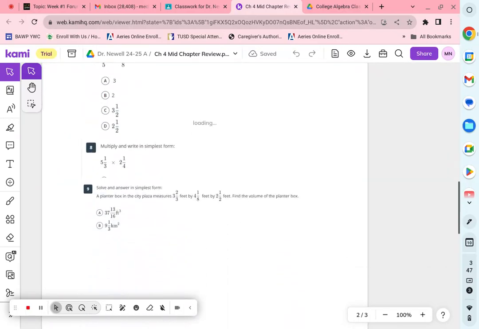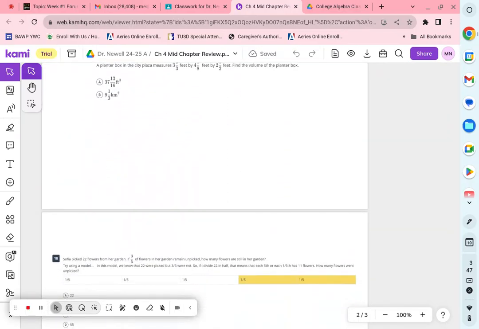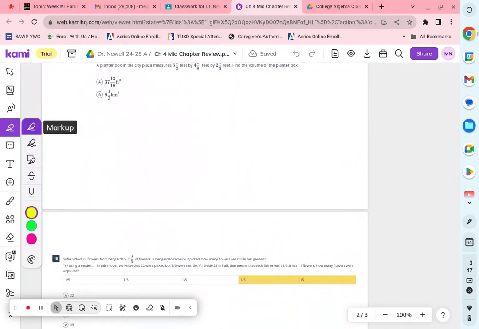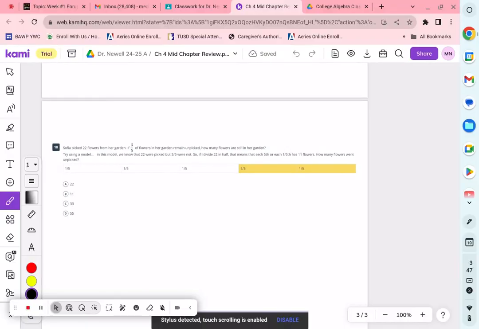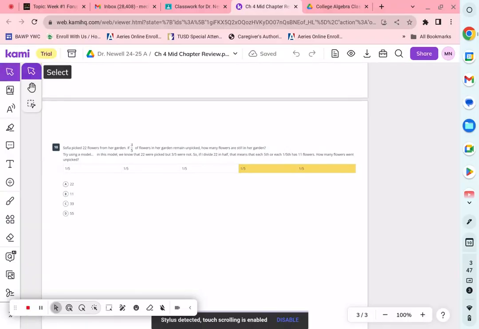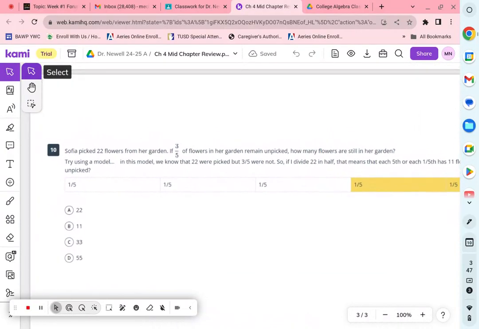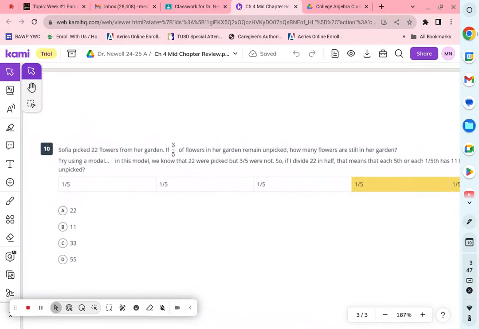All right, so we are looking at number 10, and it says Sophia picked 22 flowers from her garden. If 3/5 of the flowers in her garden remain unpicked, how many flowers are still in her garden?